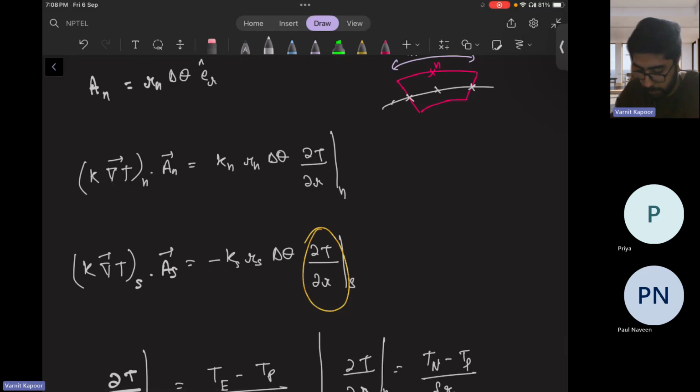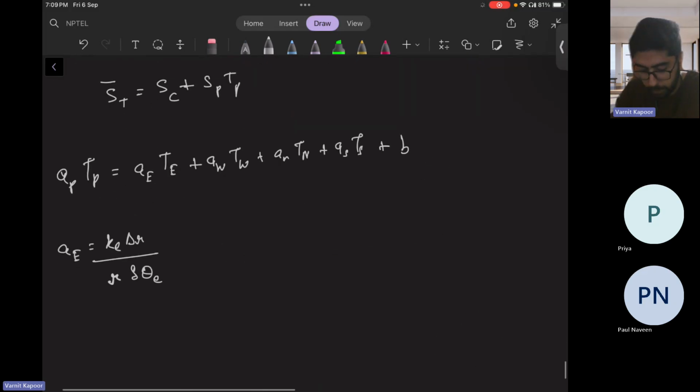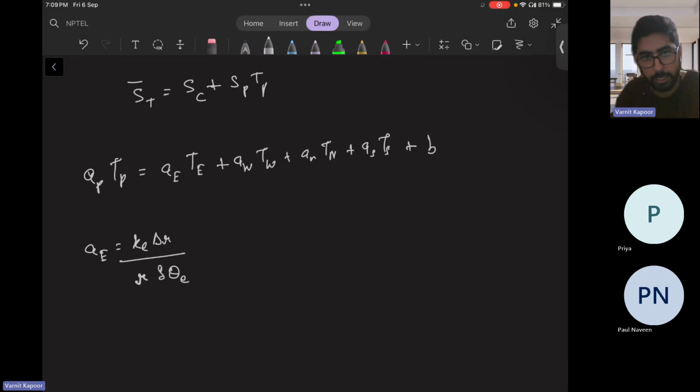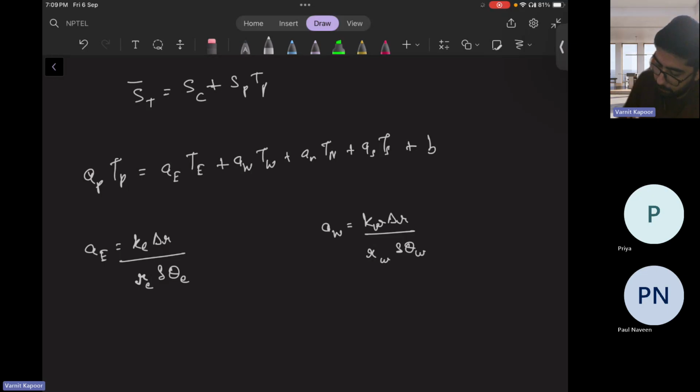After putting all the values, then I'm only saying this. If you put all these values, your A east will come out to be the coefficient of TE, and expand the term, take the TP terms all together. So your A east will be this. Your A west will be K west del R upon RW del theta west.